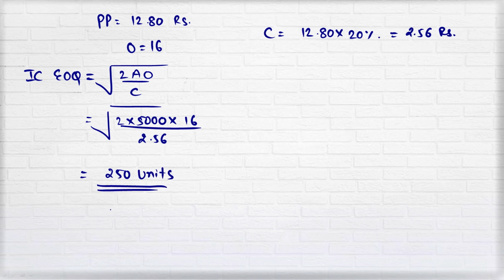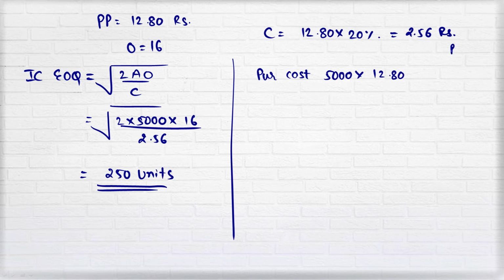If you are incorrectly ordering 250 units every time, your purchase cost will be 5,000 units into 12.80. Carrying cost will be 250 divided by 2 into 2.56 and your ordering cost would be 5,000 divided by 250 into 16.